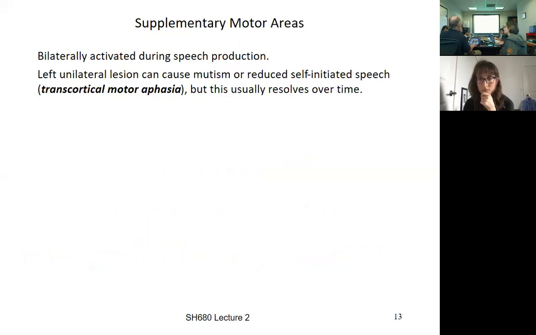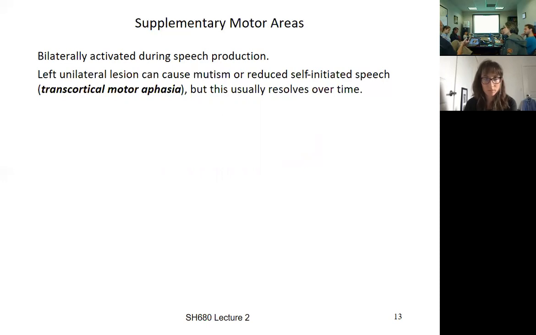And in particular, if you transect, which means cut out, the SMA on one side, SMAs in this case, they usually do both pre-SMA and SMA, which they will do for certain surgeries. If you do that on the right side, nothing happens motorically. If you do it on the left side, there's a brief period of mutism often. And you can also get what's called transcortical motor aphasia, which is a kind of complex aphasia, which involves reduced self-initiated speech.